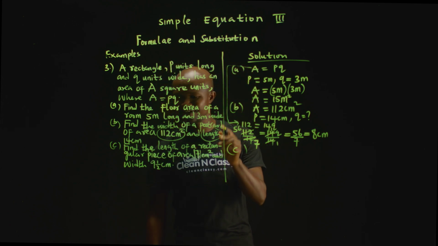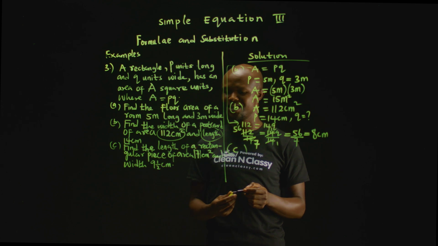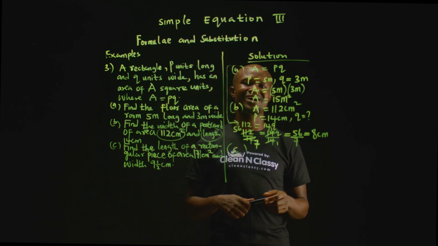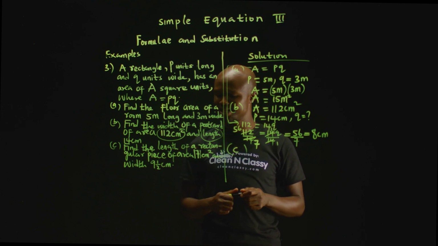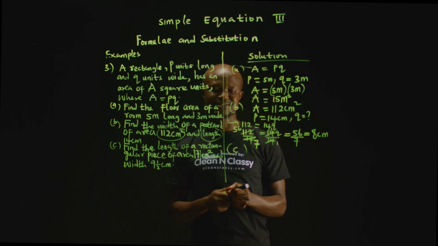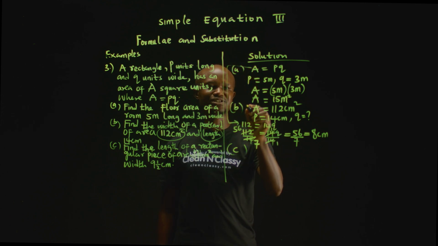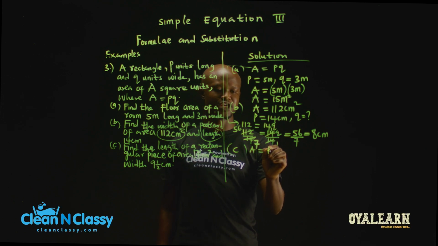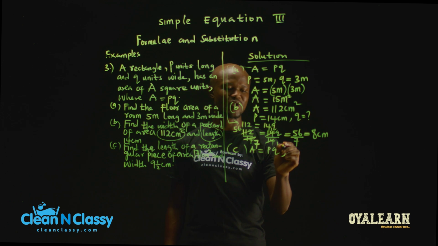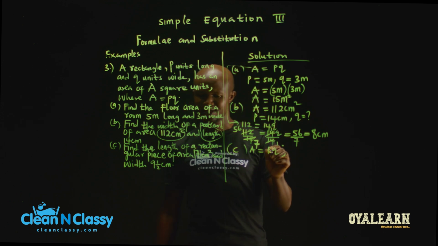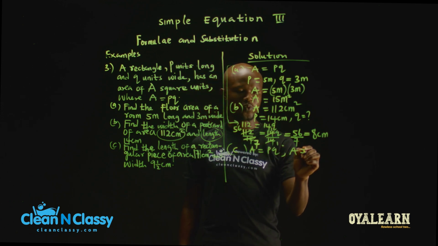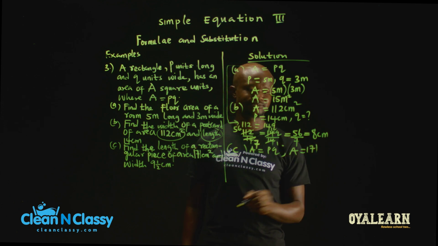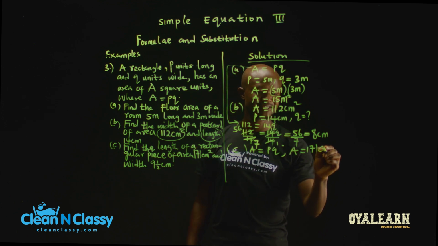Find the length of a rectangular piece of area 171 centimeters squared and width 9.5 centimeters. So we still use the formula. We know A equals PQ. In this question, we have been given A to be 171 centimeters squared.